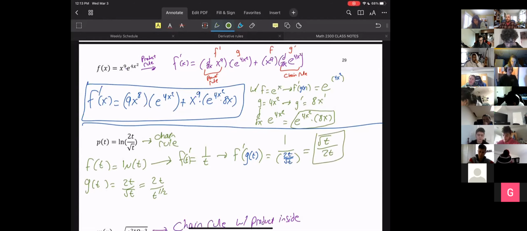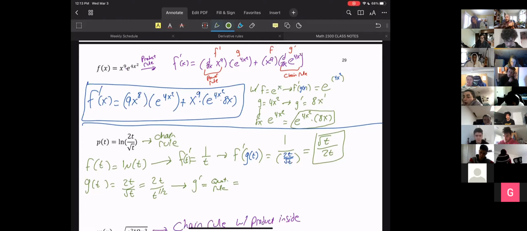Now, g prime is where the quotient rule comes in. So when we do g prime on the bottom, we're going to do the quotient rule because it's a quotient. And it's a bunch of power rules.